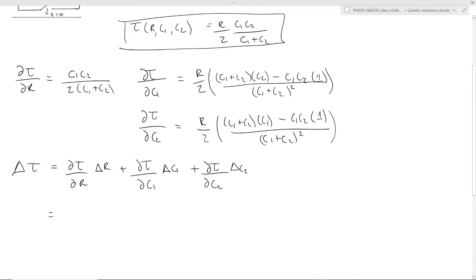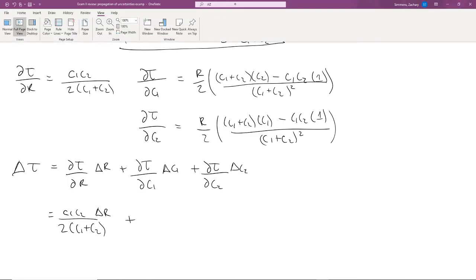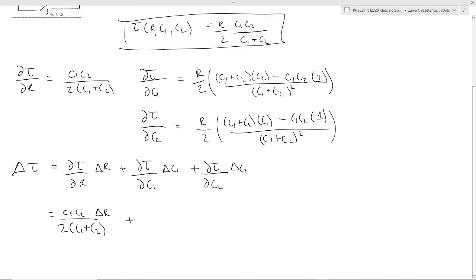So we'd have C1, C2 over that plus. Notice, actually, we can simplify this a little bit. We have a factor of C1, C2 minus C1, C2. So this and this would go away. And this would be actually R C2 squared over C1 plus C2 squared. And this would be similar.